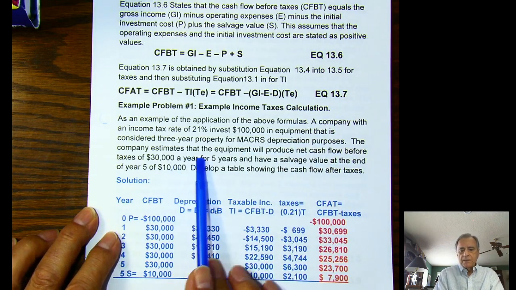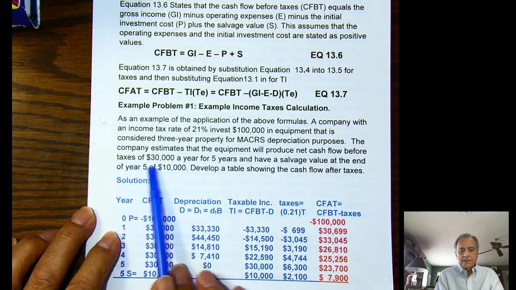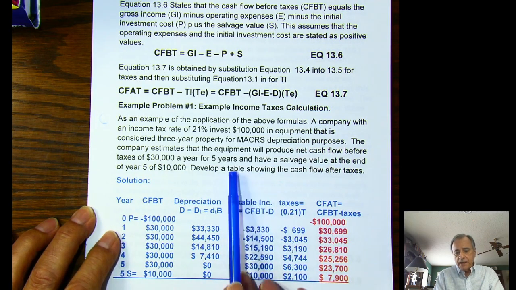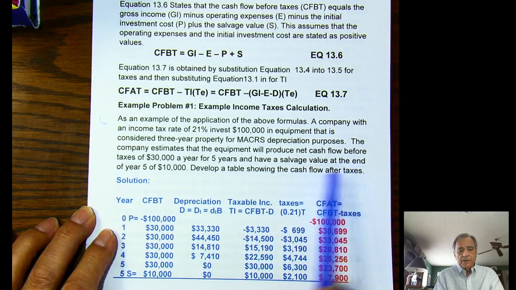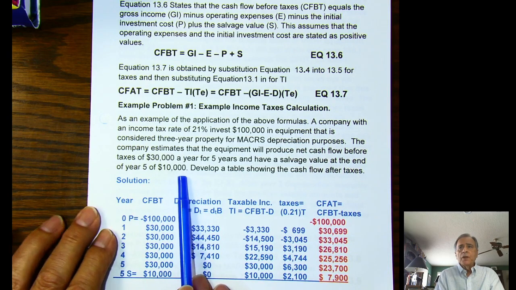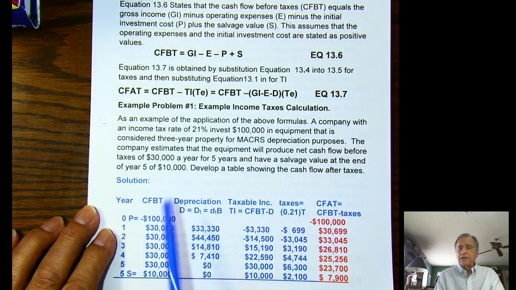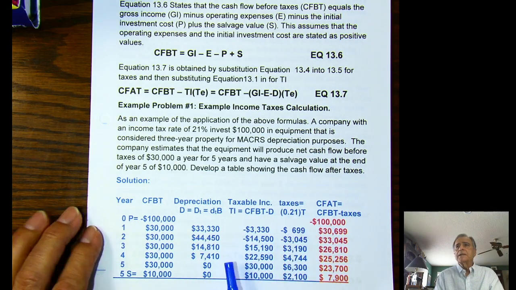The company estimates that the equipment will produce net cash flow before taxes of $30,000 a year for each of 5 years. That would be years 1 through 5, and have a salvage value at the end of year 5 of $10,000. So remember, I'm going to include the cost of the equipment and the salvage value and the cash flow before taxes, but they'll be on separate lines.